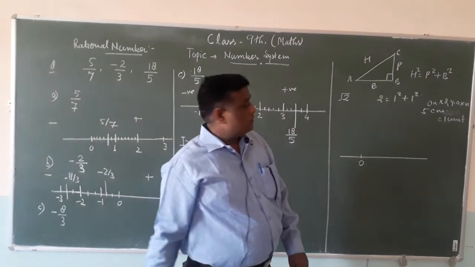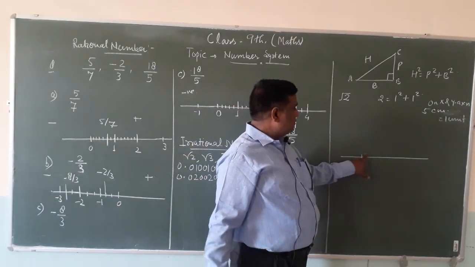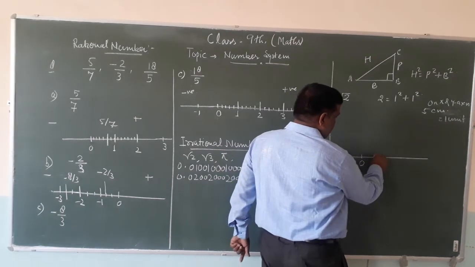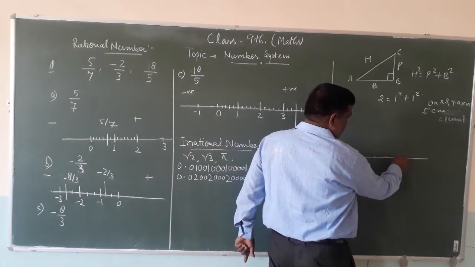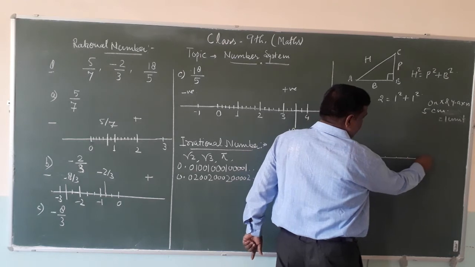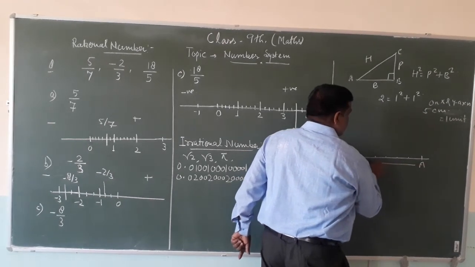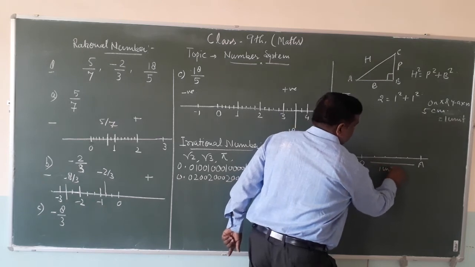Okay, so here is 0. Now with the help of a scale take 5 centimeter, 1, 2, 3, 4 and then 5, here that is A. The measurement is 1 unit.